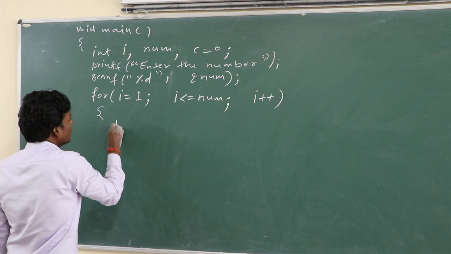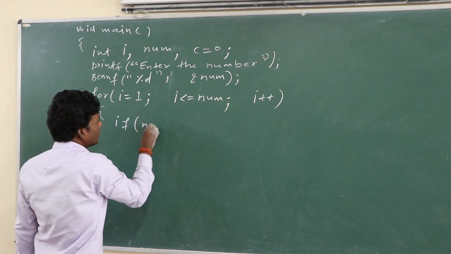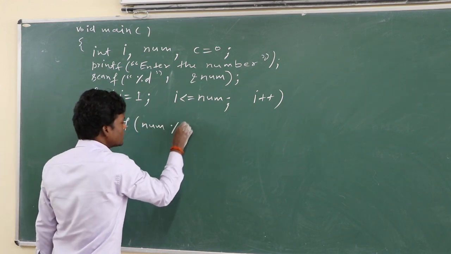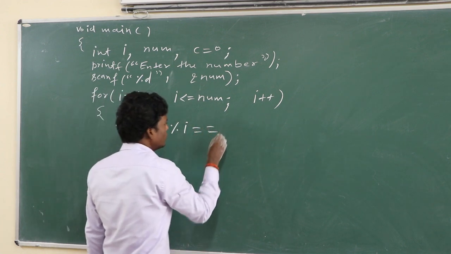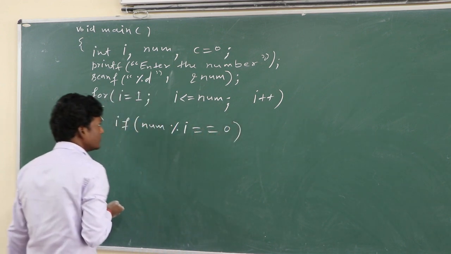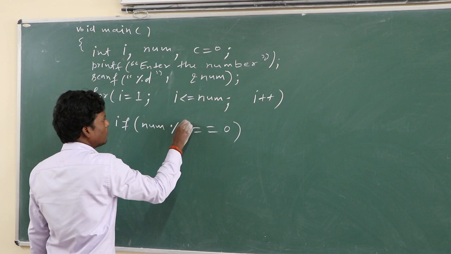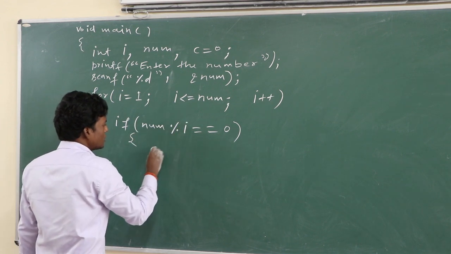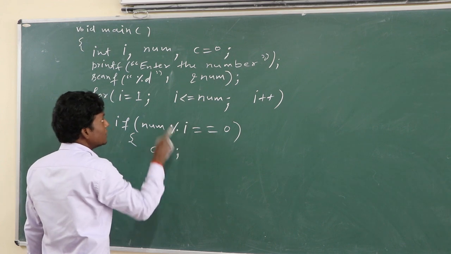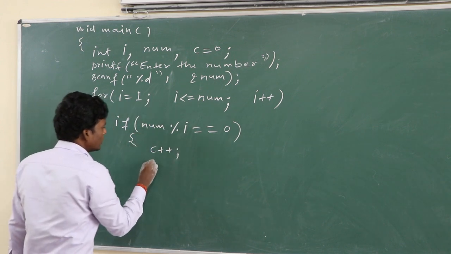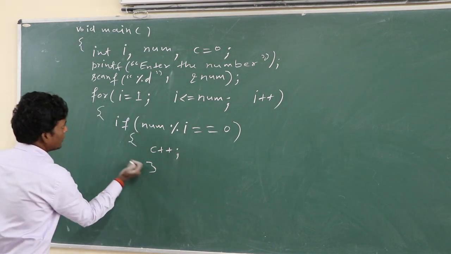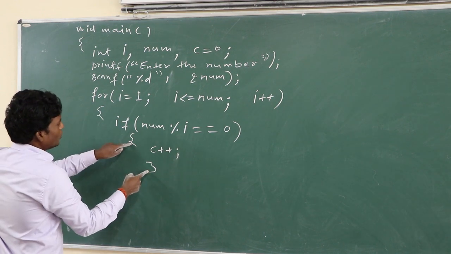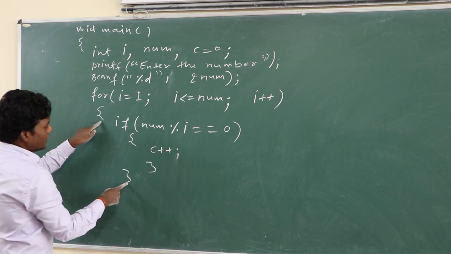Okay, if num modulus I double equal to 0. If num modulus I, where modulus gives the remainder, is 0, then C plus plus. Initially C has value 0, C plus plus. Okay, here the if block is closed, and the for loop is closed here.